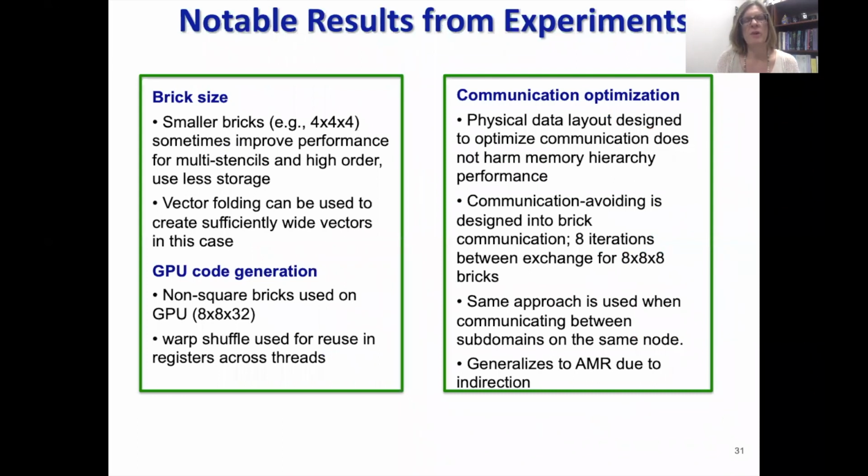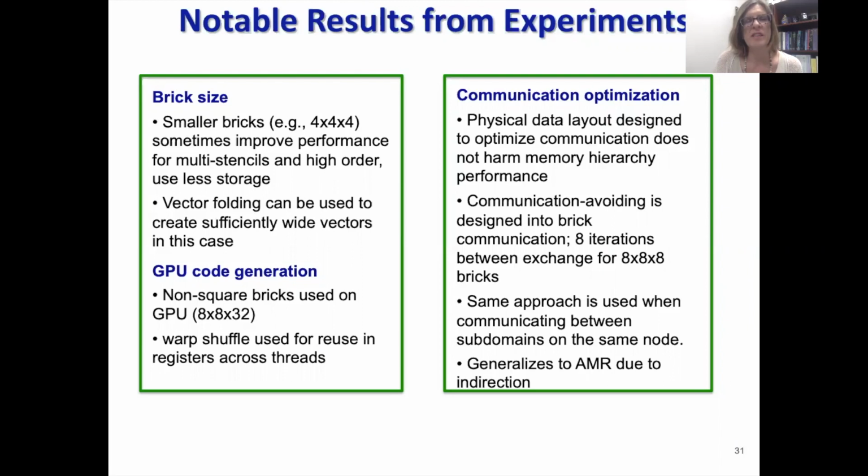Here are a number of observations from our experiments that didn't show up in the results directly, but were quite interesting. First of all, smaller brick sizes, for example 4x4x4, sometimes improve performance as compared to 8x8x8 for multi-stencils and high order.